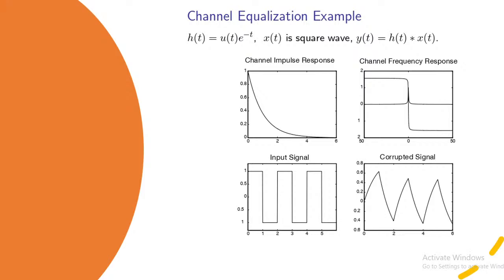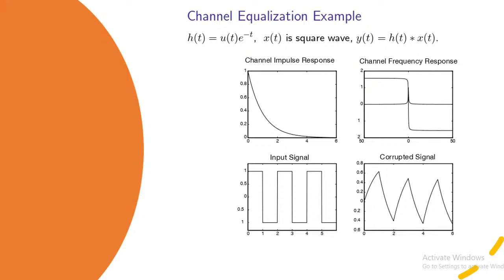Now, what is the channel frequency response? The channel will be sensitive to one frequency, at DC. You can see there are two curves. The first curve goes from 0 on the y-axis, and in the x-axis when it comes to 0, the baseband or DC frequency, there is a peak.